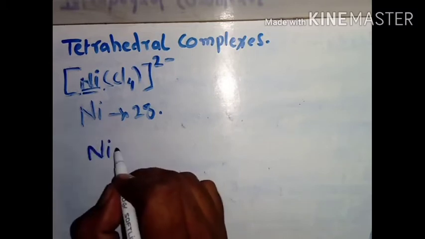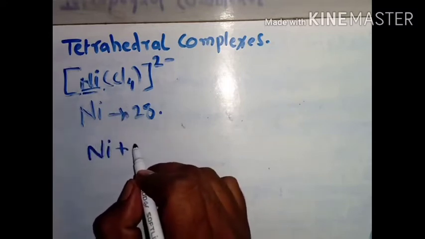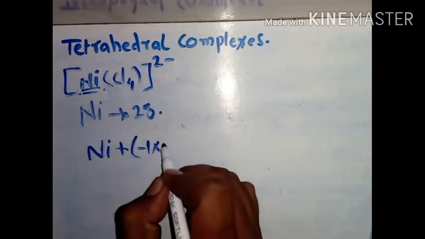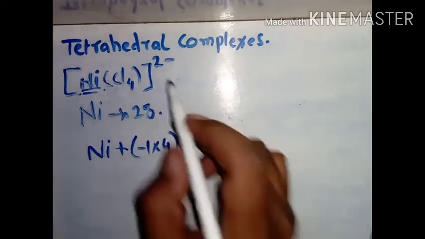You have to find the oxidation state of nickel. Chlorine carries a 1 minus charge, so we write -1. There are 4 chlorines, so -1 into 4, and the net charge is -2.